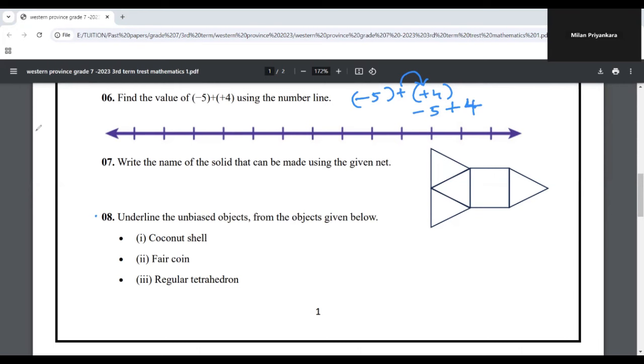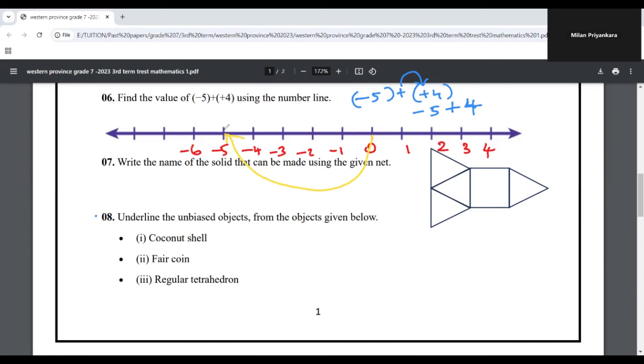If you start with 0, then first we will make this number line, right? So I will mark 0 here, minus 1, minus 2, minus 3, minus 4, minus 5, minus 6, 1, 2, 3, 4. So here you can go from 0 to minus 5 first, right? And then you have to go to the right side, because that is plus 4.